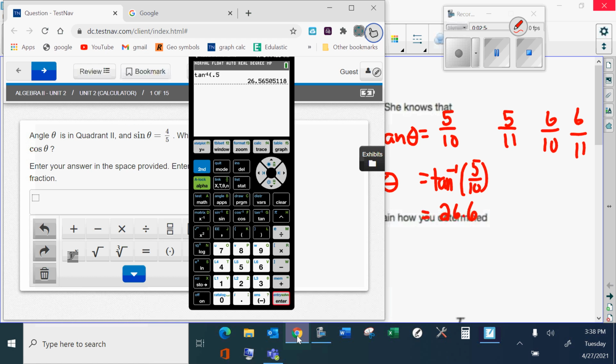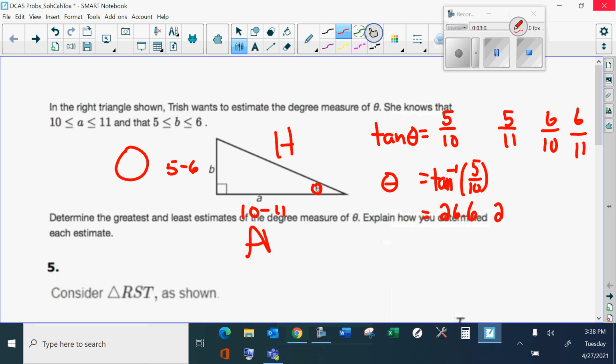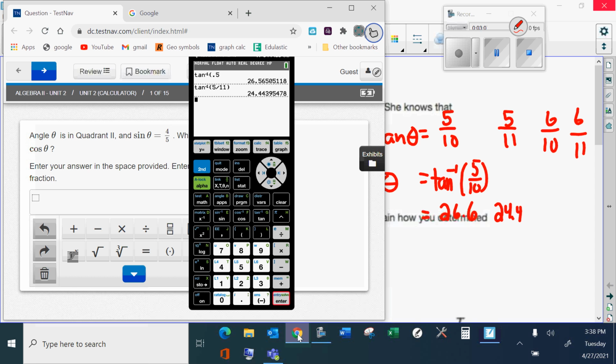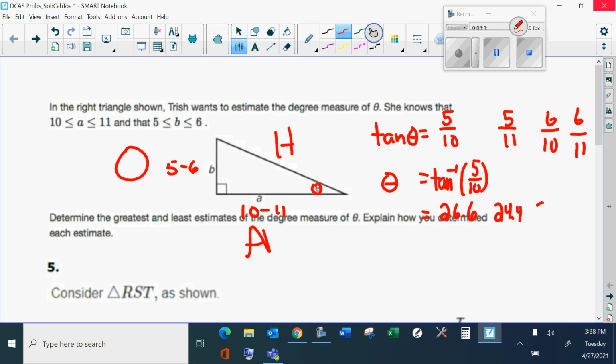Okay, next one. Inverse tangent of 5/11: 24.4. Next one, inverse tangent of 6 divided by 10, or 3/5: 30.96, which rounds to 31.0.